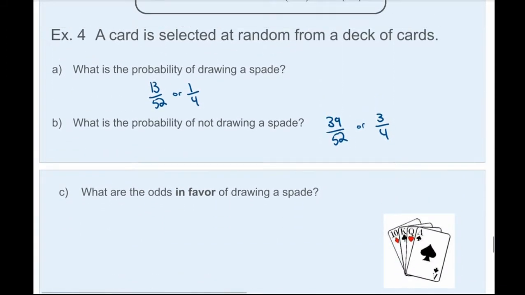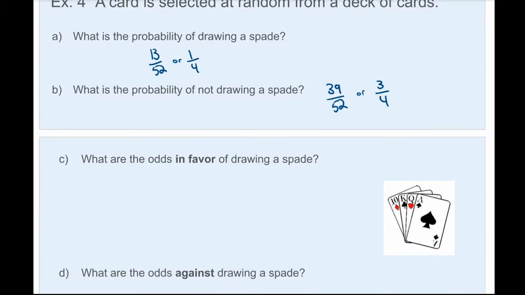So what are the odds in favor of drawing a spade? Well, for setting up a ratio, we want the probability of getting a spade to the probability of the complement.